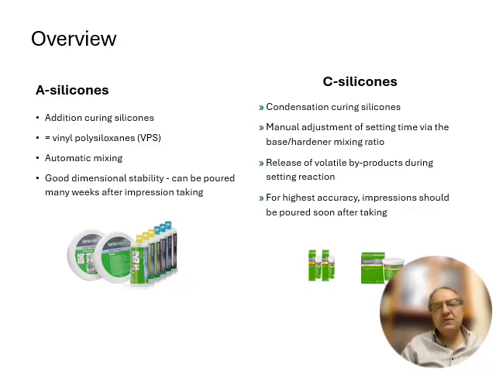But C-silicones are cheaper, and there are a few advantages of C-silicones, such as we can play a little bit with the amount of catalyst. If we increase or decrease the catalyst, we can better control the mixing time. But this is not a great advantage. After all, A-silicones are the best materials used nowadays in dentistry to take final impressions.